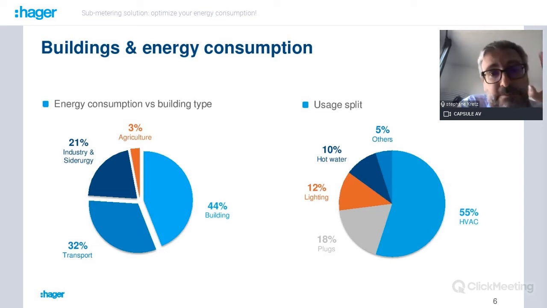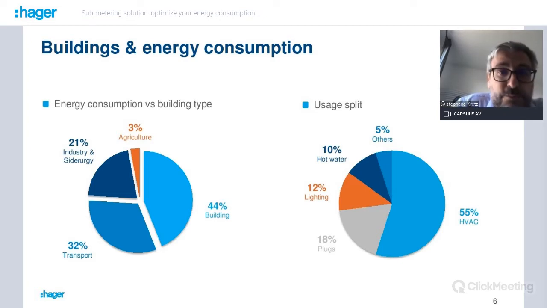So if you go into this building, where do you use energy? This is also important for the next topic: what should I measure and follow, and to do what? The main topic is HVAC: 55% on average is used for HVAC, heating, ventilation, air conditioning.